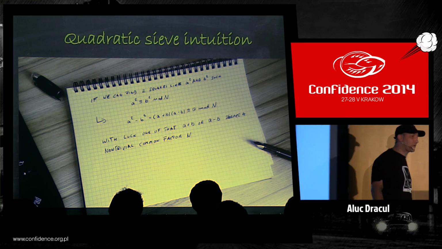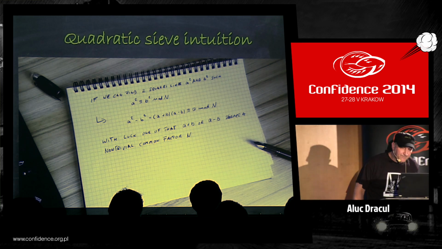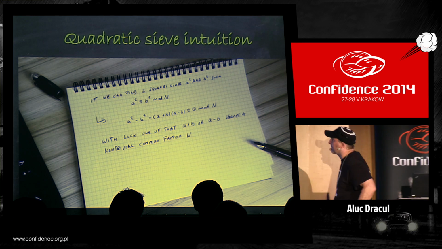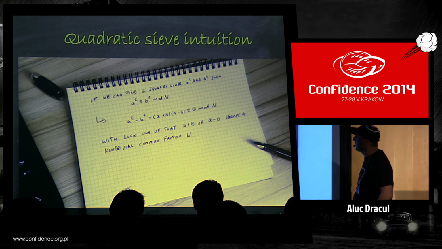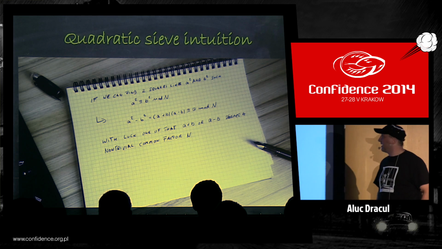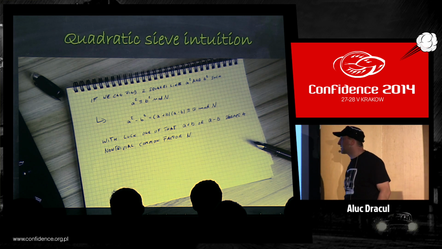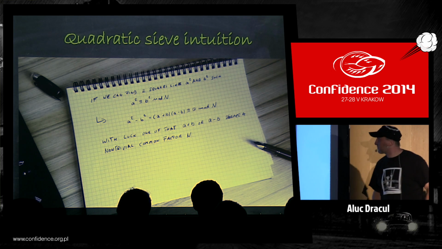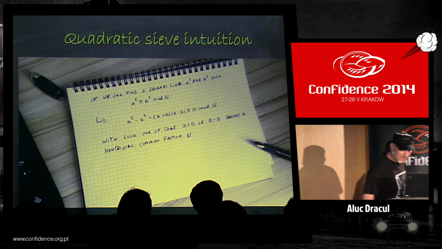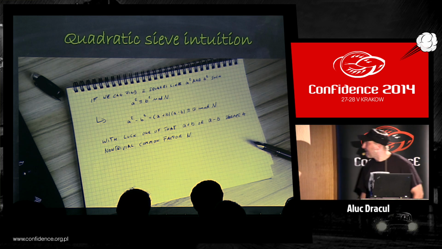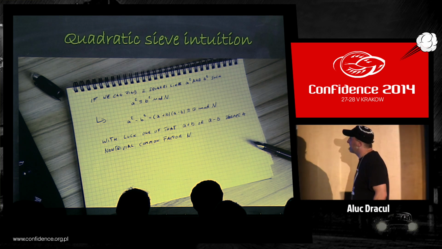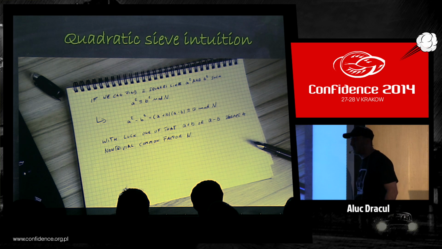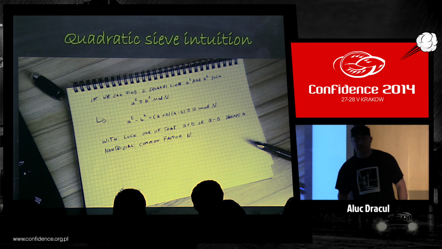If we can find two squares, a squared and b squared, such that a squared equals b squared mod n, then we can subtract b squared from a squared, where a plus b and a minus b equals 0 mod n. So with a bit of luck, we'll find that a plus b or a minus b shares a non-trivial common factor with n. If that is the case, we can compute it.